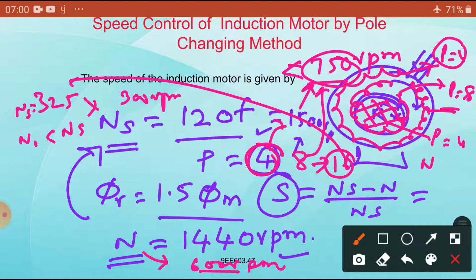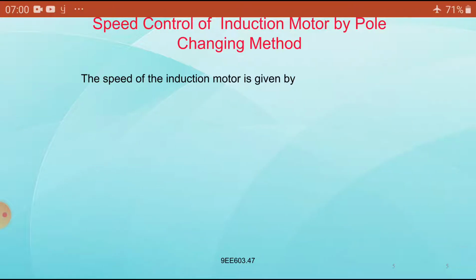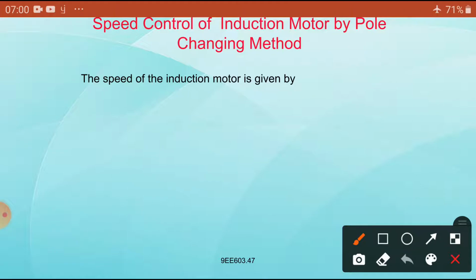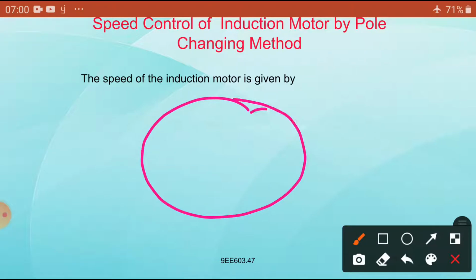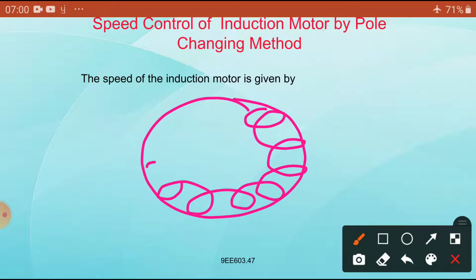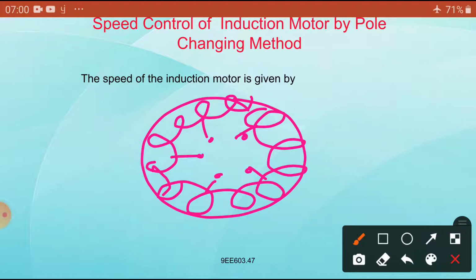And another technique is by connecting the stator winding and taking out a number of terminals, suppose T1, T2, T3, T4, T5.